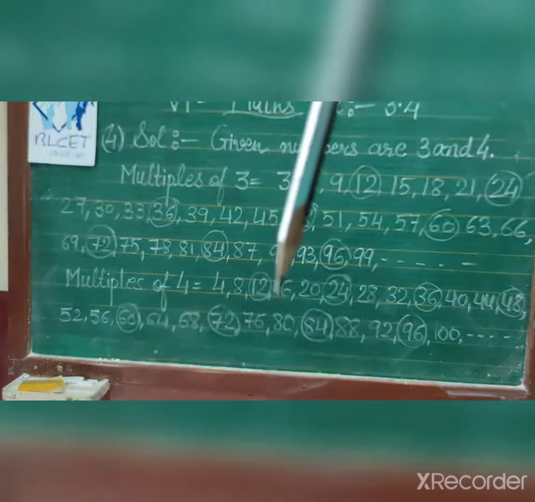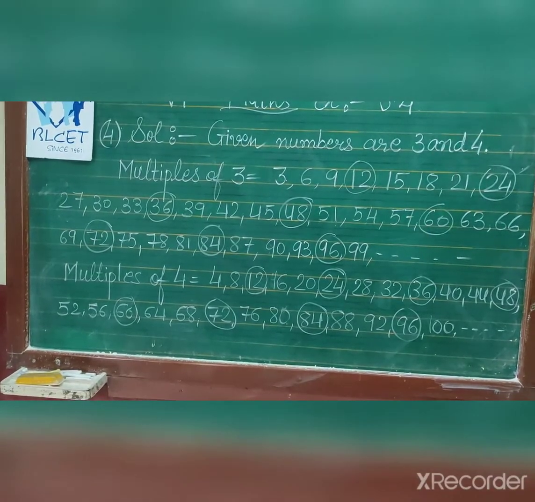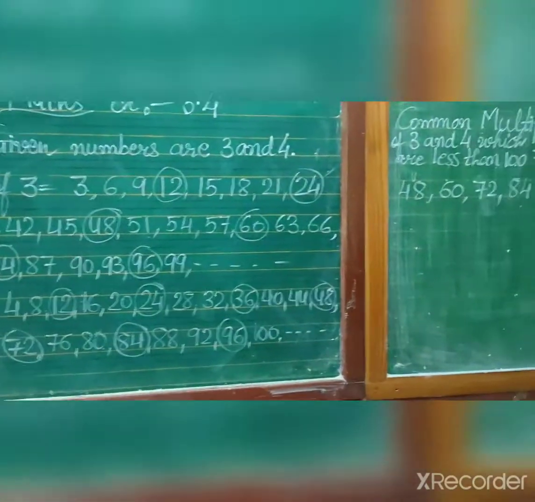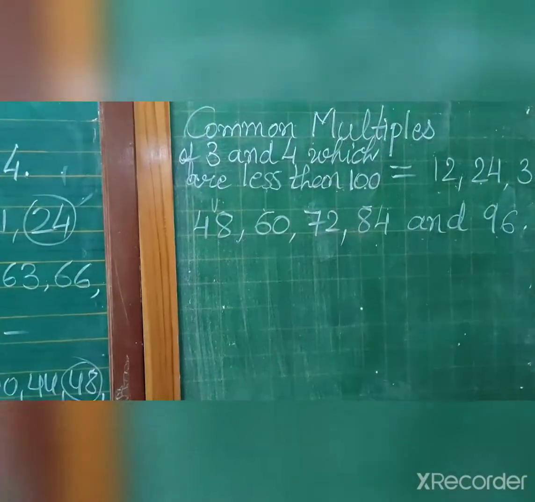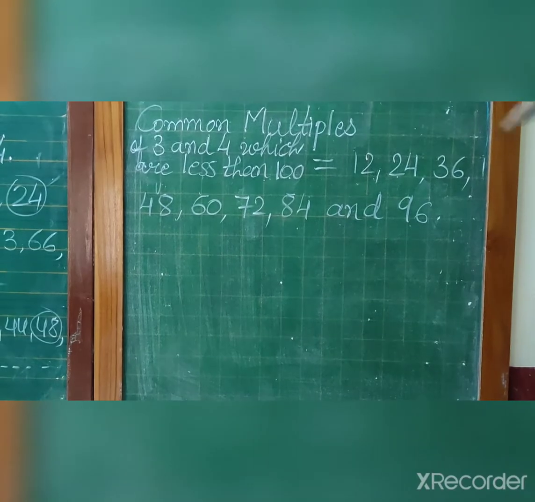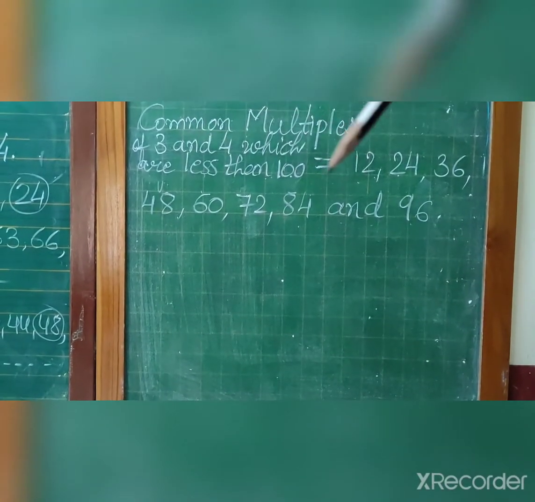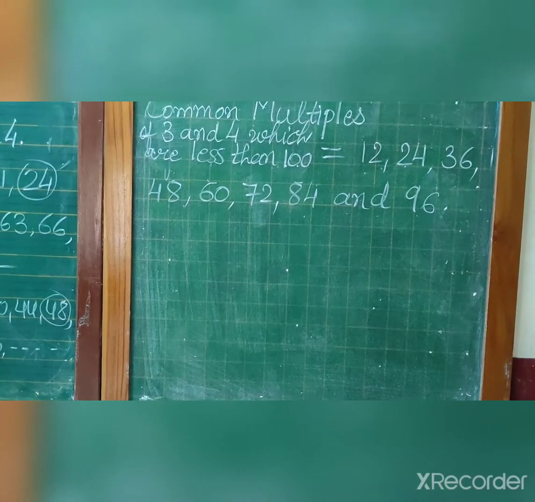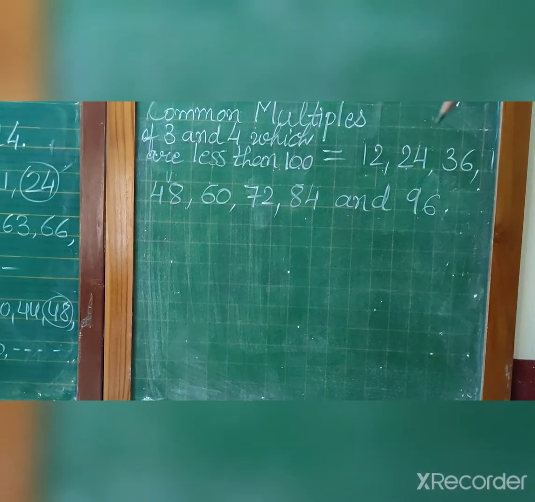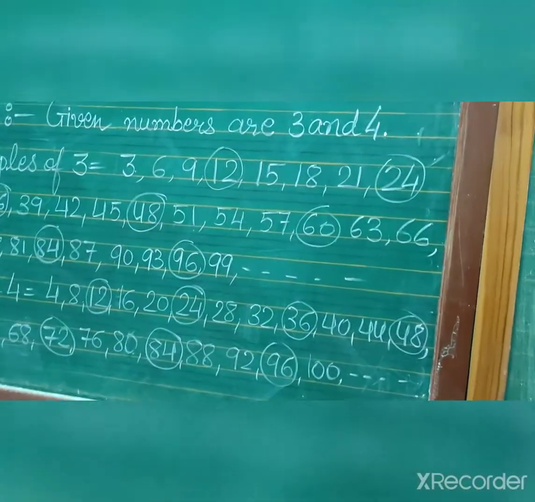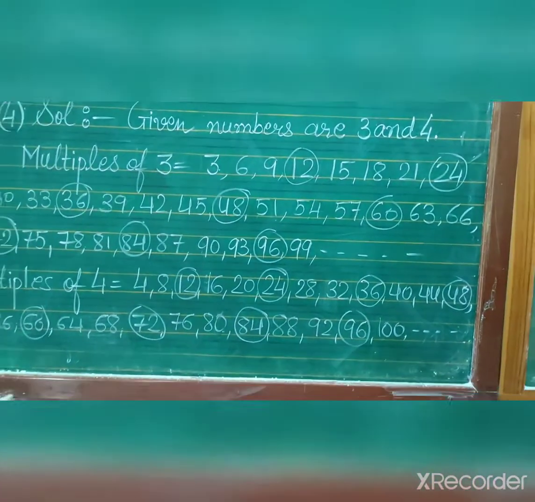Now multiples of 4 also you will write, up to 100 or less than 100. Now common multiples of 3 and 4 which are less than 100: 12, 24, 36, 48, 60, 72, 84 and 96. You can see the table of 12: 12 ones are 12, 12 twos are 24, 12 threes are 36.